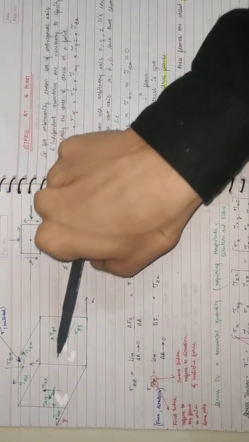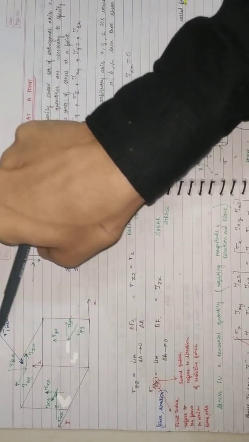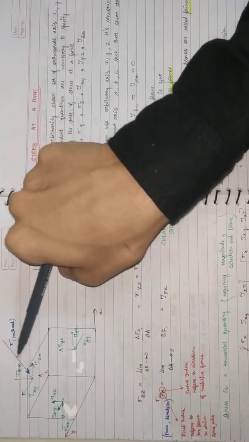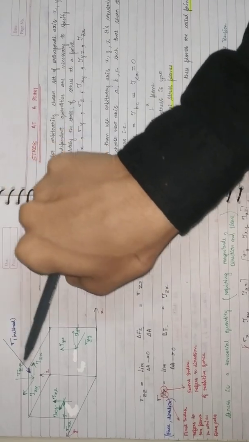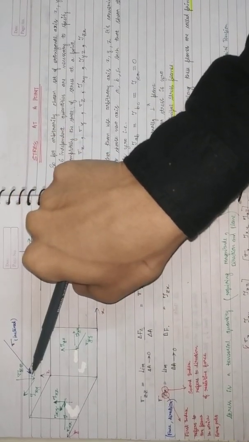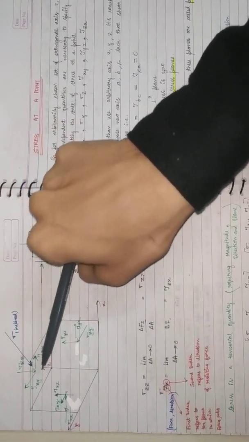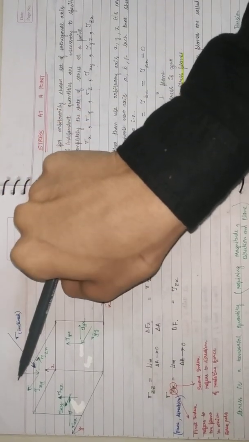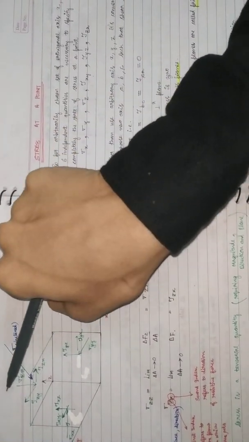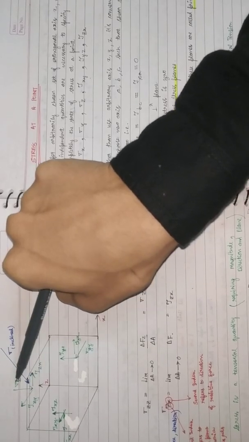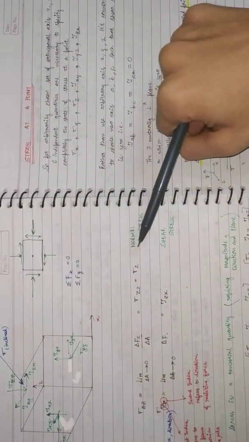So when stress sigma is applied in this direction, the component of sigma perpendicular to this face, sigma zz, is known as the normal stress.